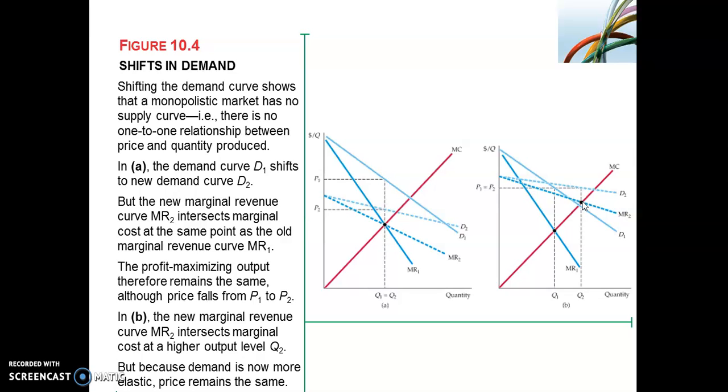But this does not necessarily have to hold for a monopoly. You could have scenarios like this where there are shifts in the demand curve, and it could result in the same output but different prices, or you could have different outputs but the same price, or there could be a change in both output and price.